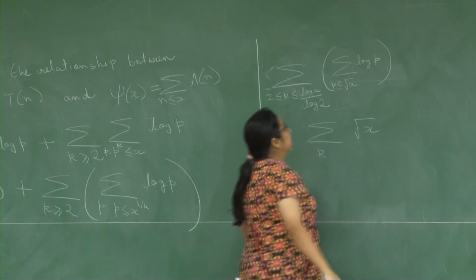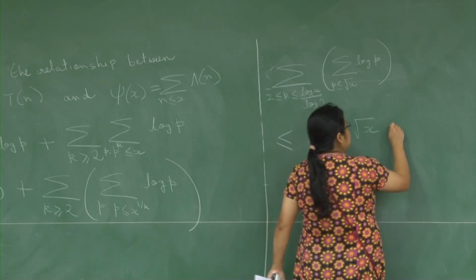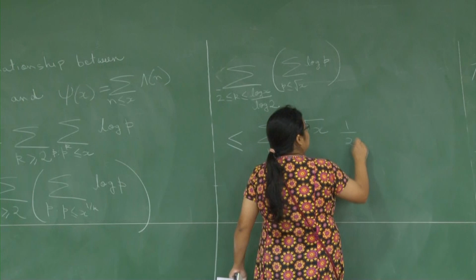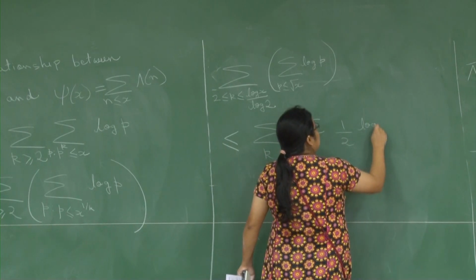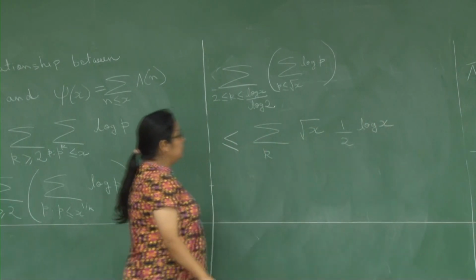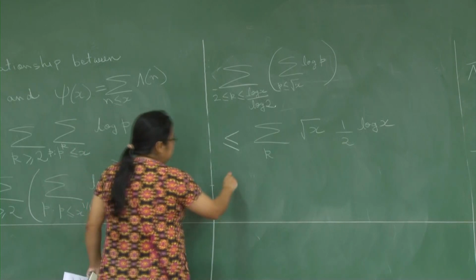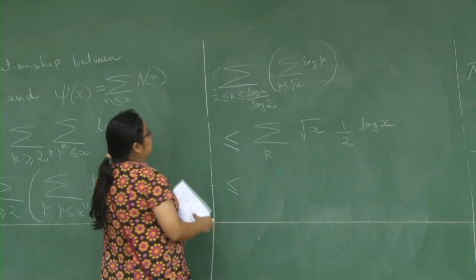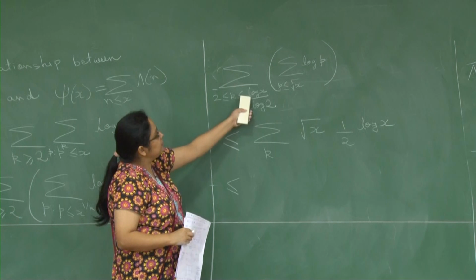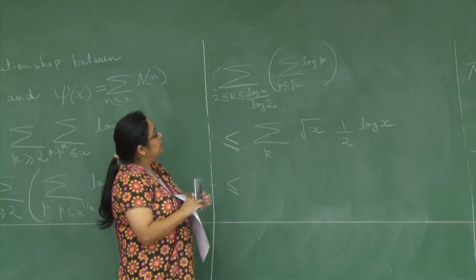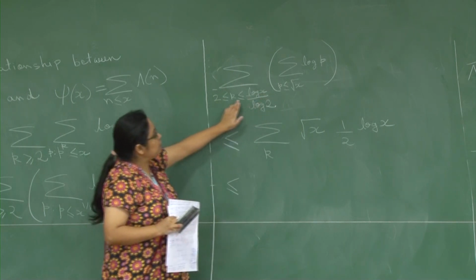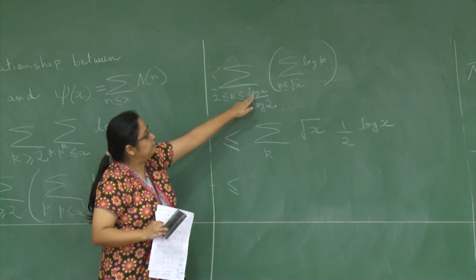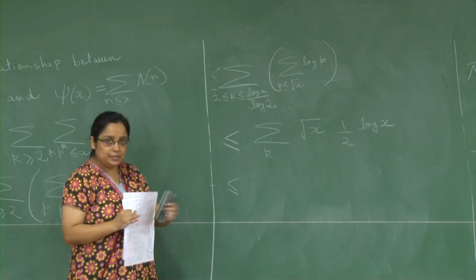Root x times log of root x, so half of log x, right. But then k runs from 2 to this bound. So, the maximum number of possible k's is certainly bounded above by log x over log 2, right.